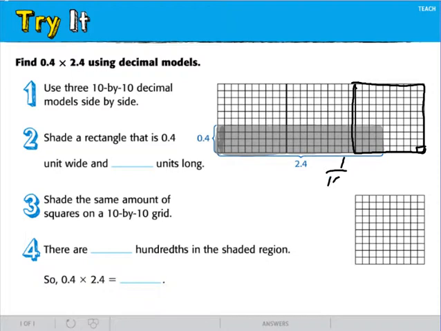Okay? Now, how many of these do I have filled in? How many did I color in? How many did I fill in across the bottom? How many did I fill in across here?